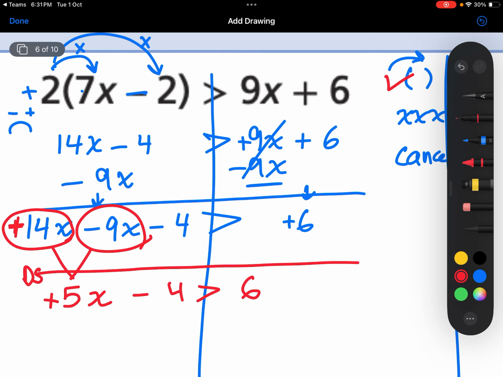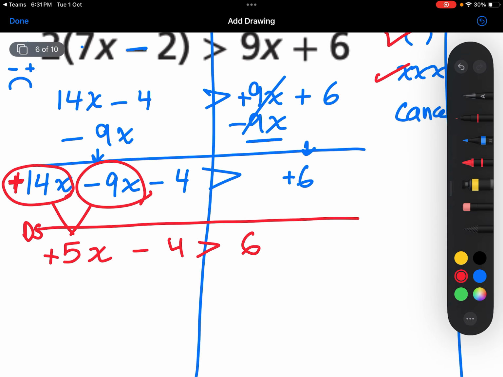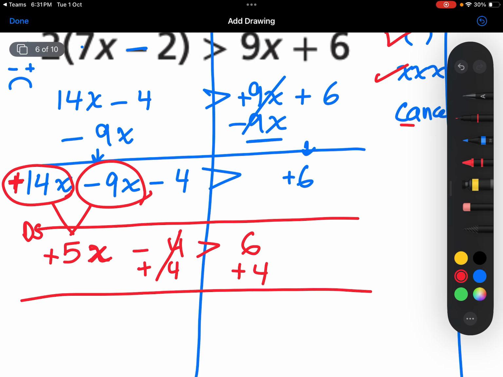Since I combined my variables and I only have one x left, I can start cancelling out the terms. Cancel the negative 4 by adding 4. Now what I have left is 6 positive, 4 positive, just add them, 10 positive. And here I have 5x positive.